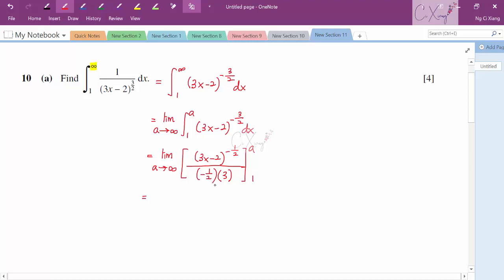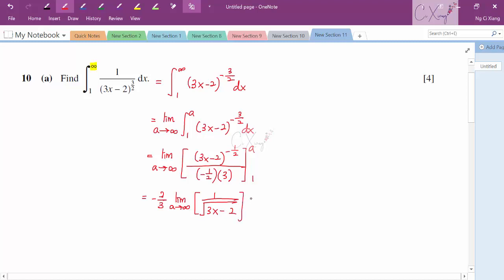For me personally, I prefer to take out all the constants before I continue the integration. So if I take out all the constants here, I have negative 2 over 3. After that, you can see that the terms inside will become more simplified. So if I simplify, I will have 3x minus 2.